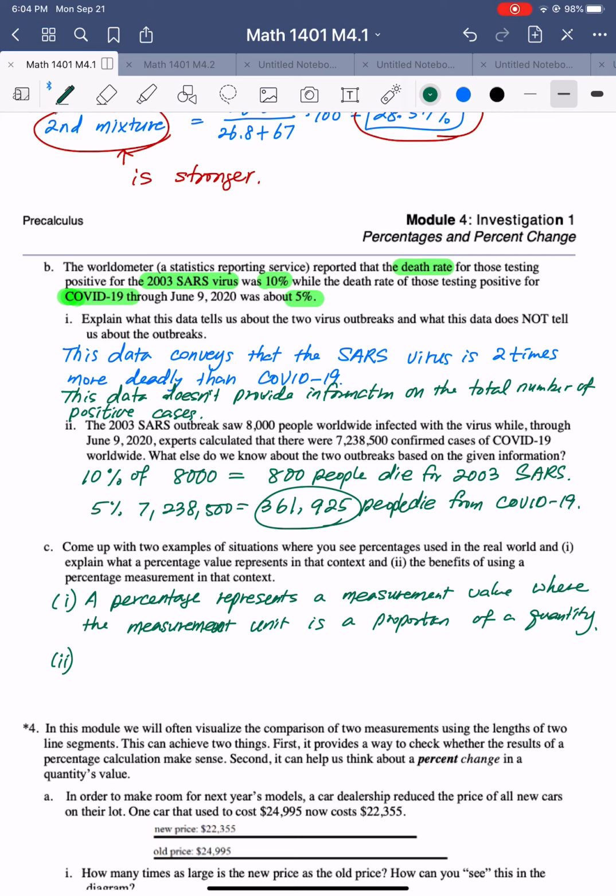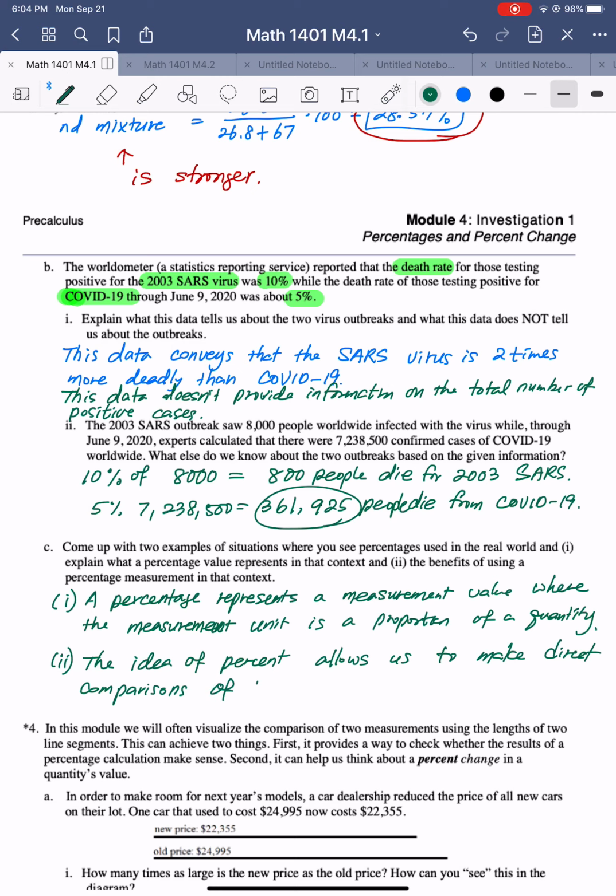So using the percentage gives us the idea that percent allows us to make a direct comparison of two quantities.